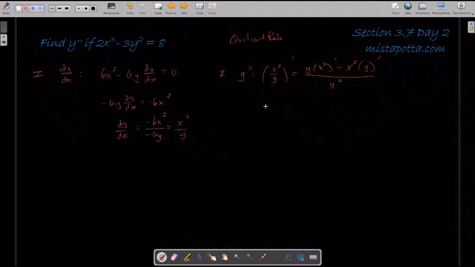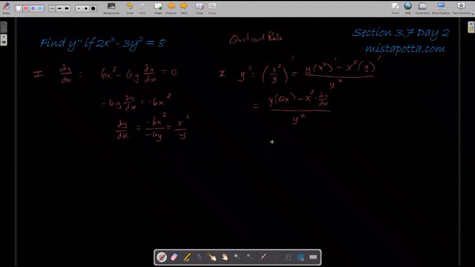So with this expression, I've got y times 2x minus x squared times the derivative of y, which is dy dx. And this is all going to be divided by y squared.